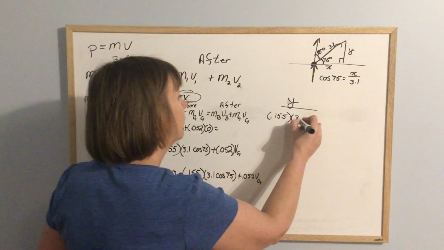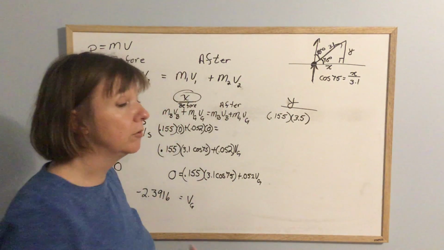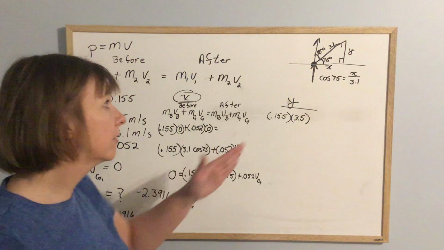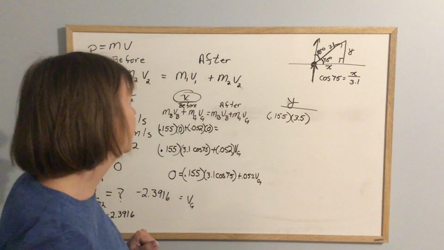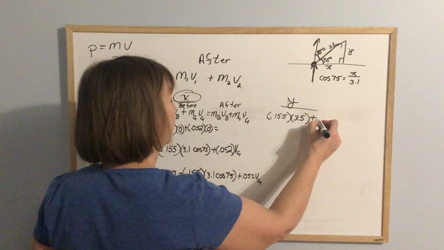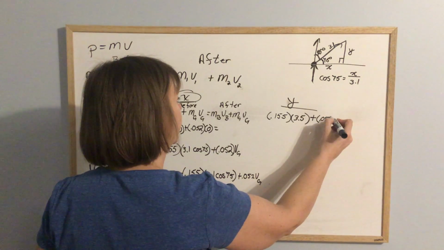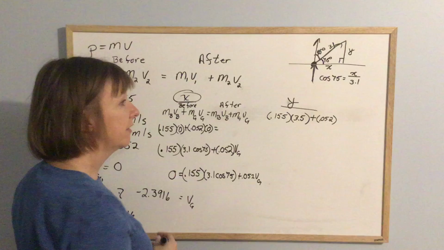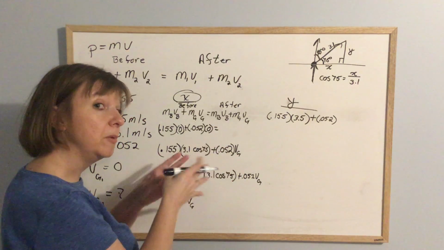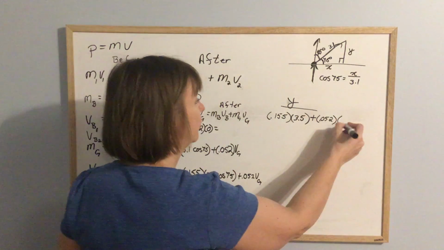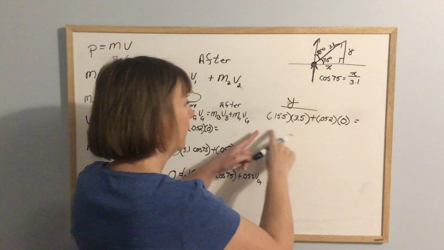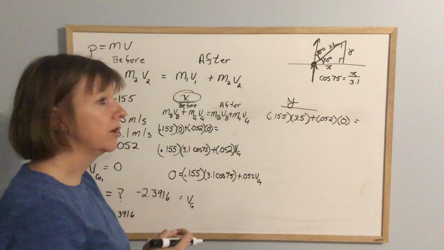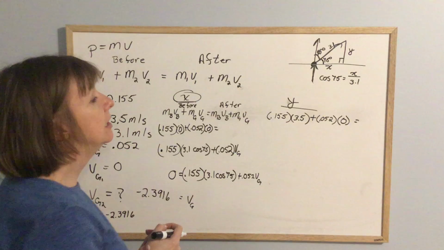So it's just 3.5. No need to do any trig or anything there because all of it is in that direction. Plus mass of the golf ball, which is 0.052, times velocity of the golf ball. Now remember, this is before the collision, so it's stationary, so it's nothing. I'm going to put the other half underneath because of space issues.